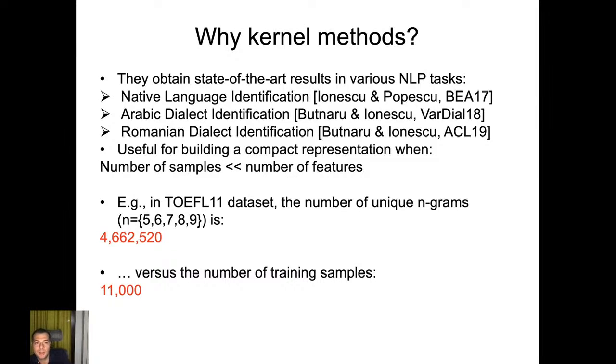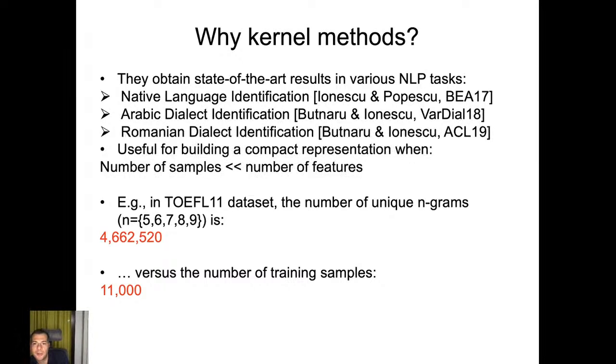It seems that we can identify these patterns quite accurately using string kernels and kernel methods, more specifically kernel ridge regression. In general, kernel methods are useful when the number of features is much higher than the number of samples, and it is impractical to represent the data in the primal form.